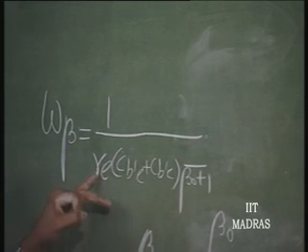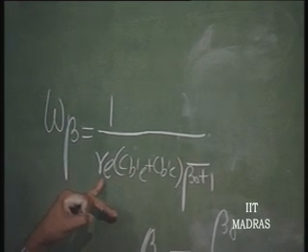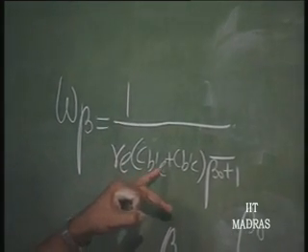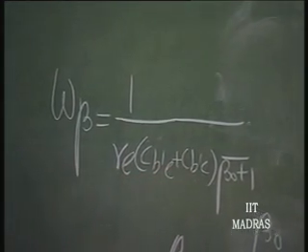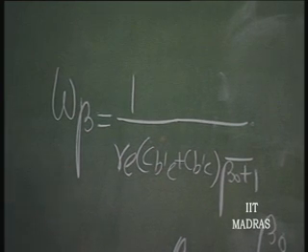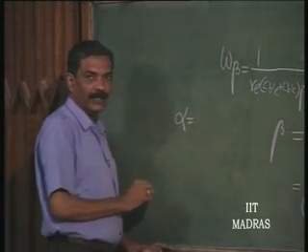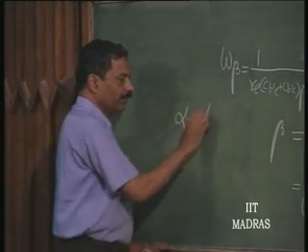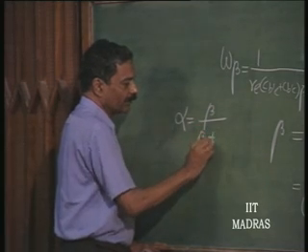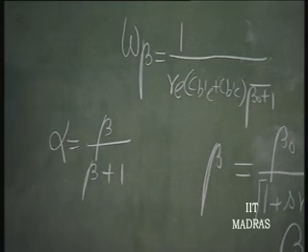So, this is determined by Re into Cb dash E plus Cb dash C product, okay, that into beta naught plus 1. Let us now see what is alpha. Alpha at high frequency is nothing but beta at high frequency divided by beta plus 1. This we always know. Okay.